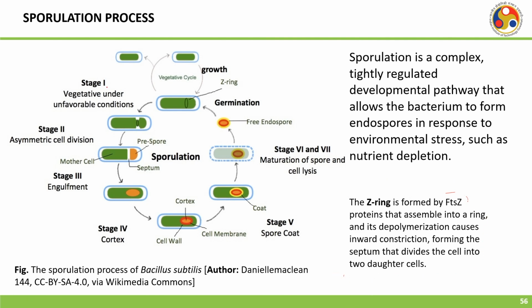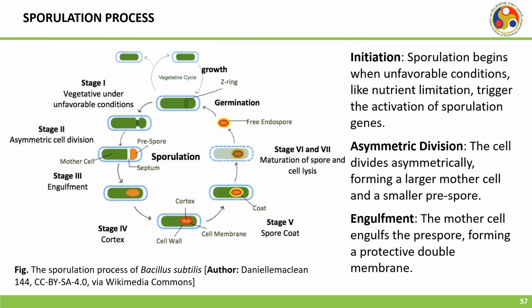So, we can simply divide it as stage 1, stage 2, stage 3, stage 4, stage 5, stage 6 and 7, and then the germination occurring. We will now discuss all these various stages in a little bit of detail.